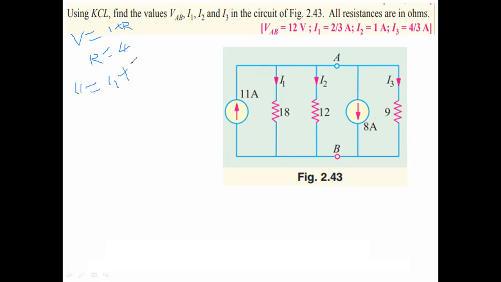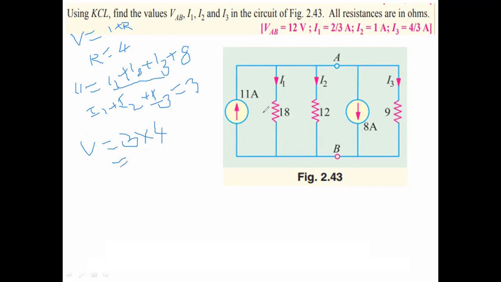So I1 plus I2 plus I3 is 11 minus 8, which is 3. So I1 plus I2 plus I3 gives 3, and this is the net current in the circuit.